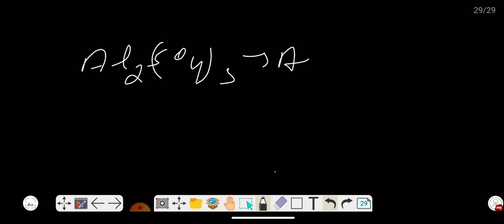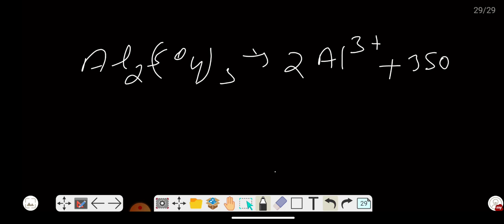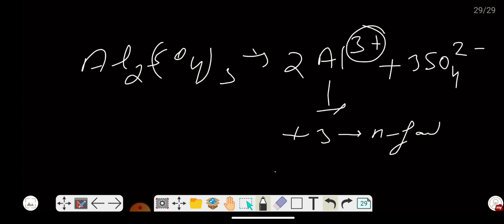Suppose we have the salt Al2(SO4)3. This can be written separately as 2Al3+ plus 3SO4 2-. Now the cation is aluminium, Al3+, so the charge on it is plus 3. So the n factor will be 3.